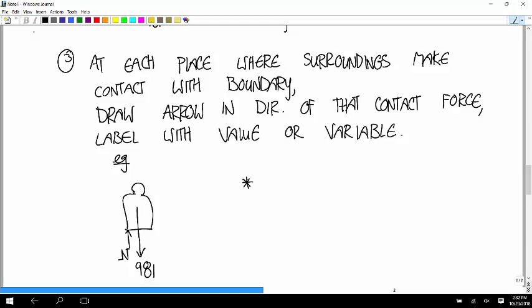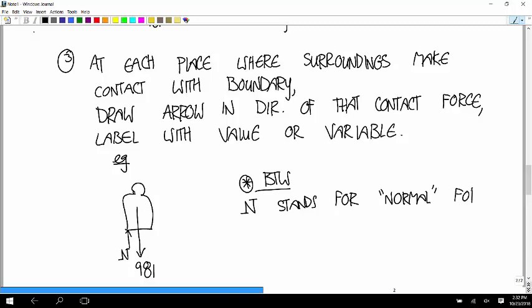And by the way, I'm going to use this a lot. That capital N stands for normal force. And in this application, normal doesn't mean usual or common or whatever.